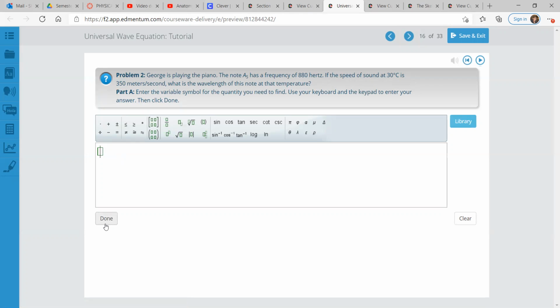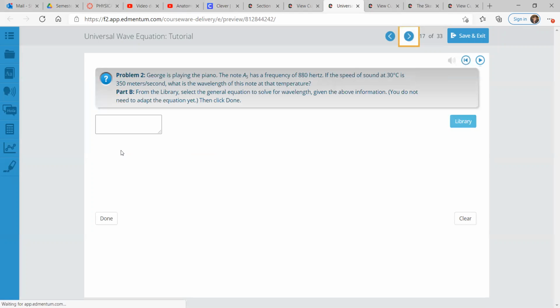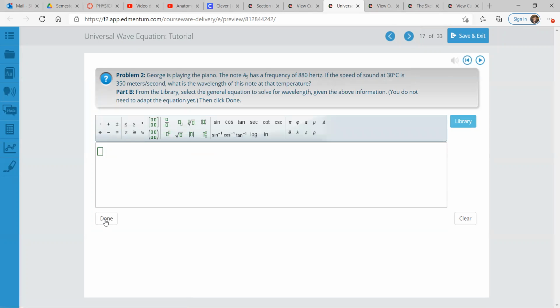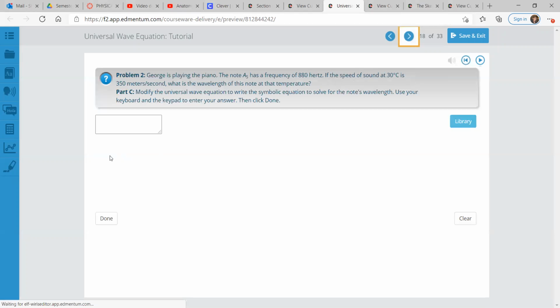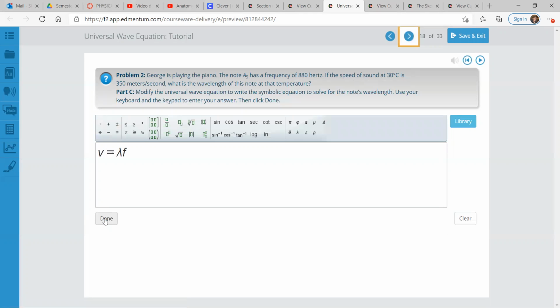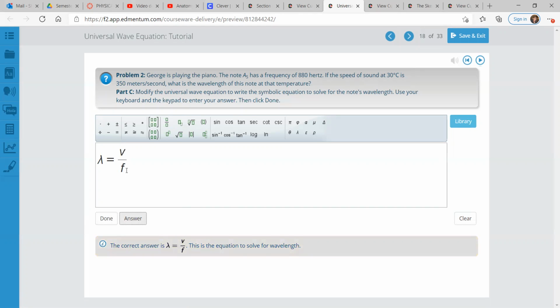So now in the next problem, we're looking for the wavelength. So we're going to rearrange the equation and solve for wavelength. We know that V equals wavelength times frequency, but we have to rearrange that. Wavelength equals speed, well, velocity, divided by frequency.